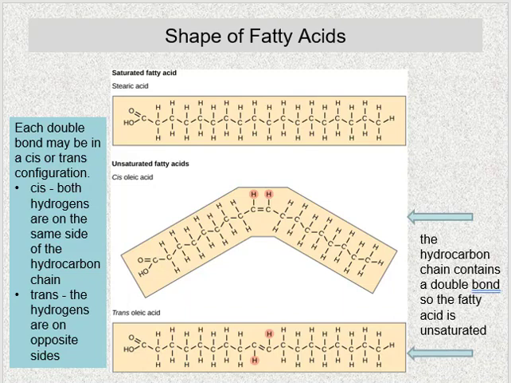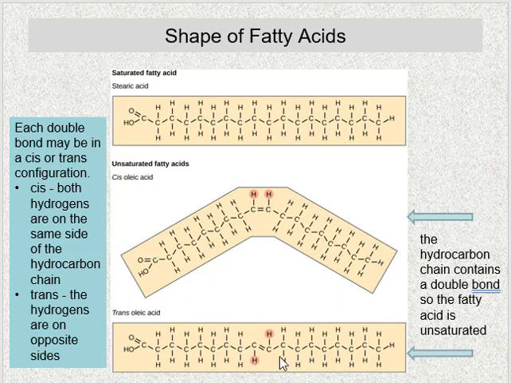Olive oil, corn oil, canola oil, and cod liver oil are all examples of unsaturated cis fats. Now, these lower 2 unsaturated fatty acids show the difference between a cis and a trans configuration. On the top, the cis configuration shows both hydrogen atoms to be on the same plane.